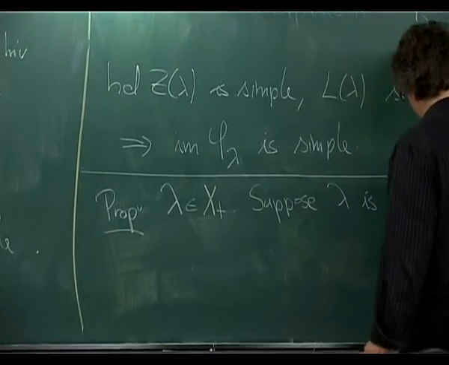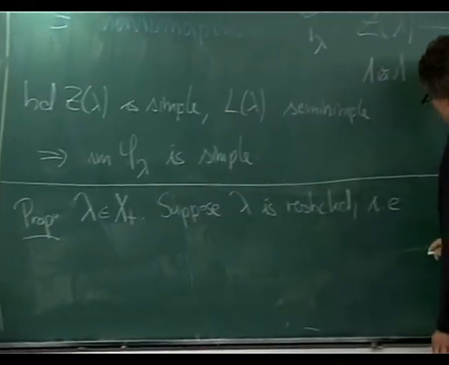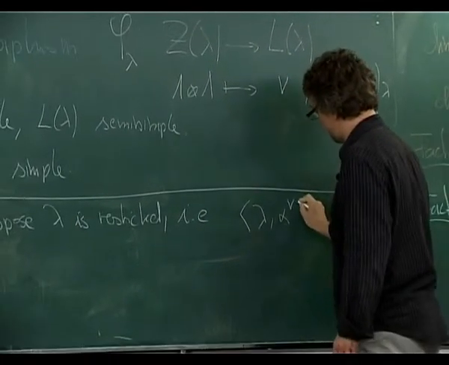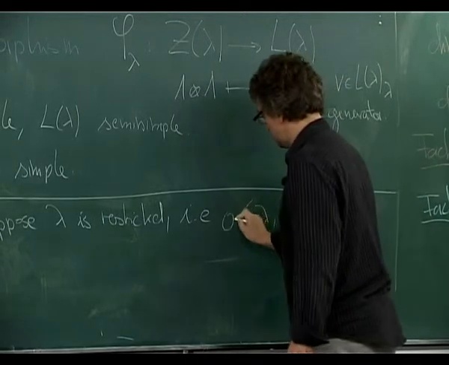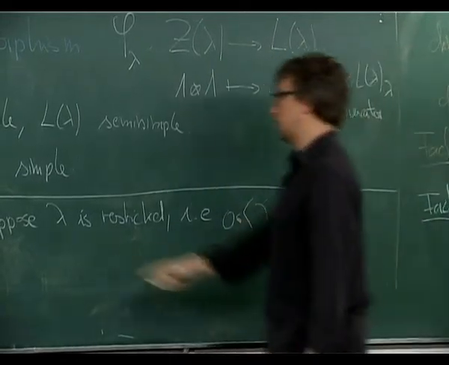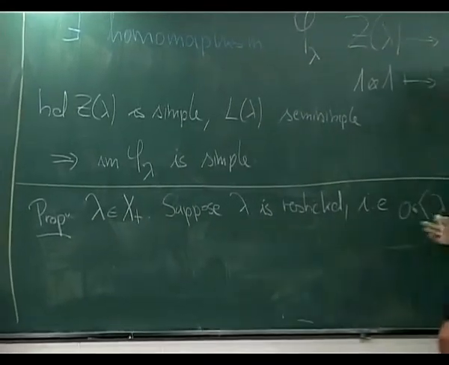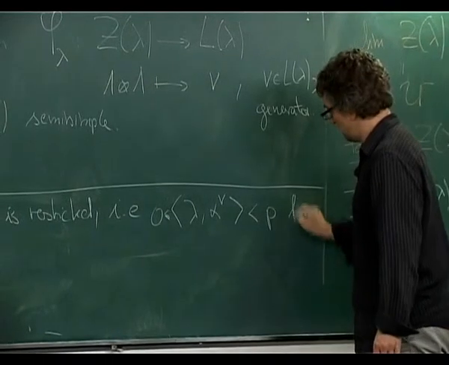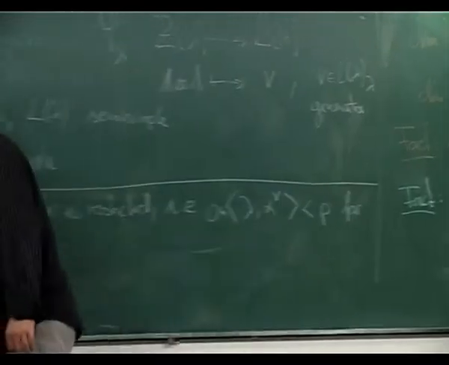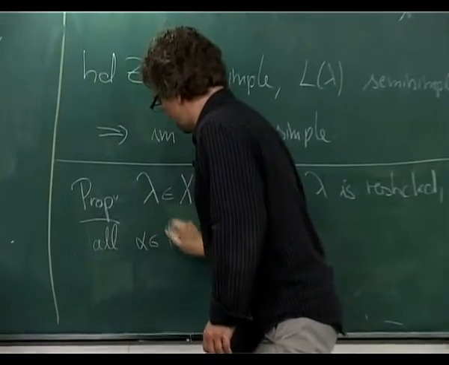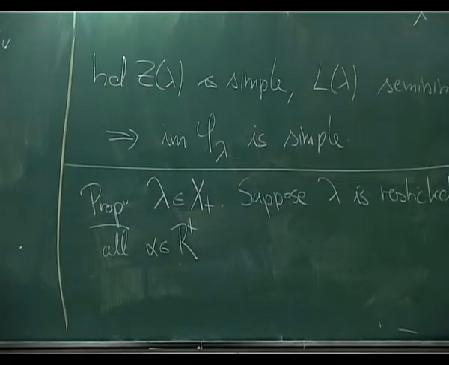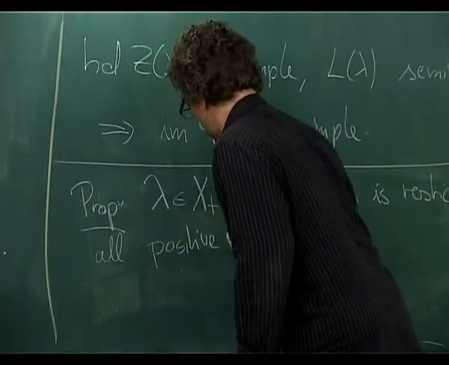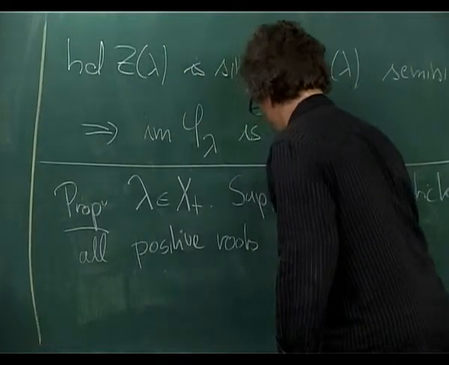Restricted for weights means the following. If you evaluate lambda on each positive co-root, you get something which lies above 0. That's just lambda in X plus, it's already positive, but it must be smaller than p for all positive roots alpha.